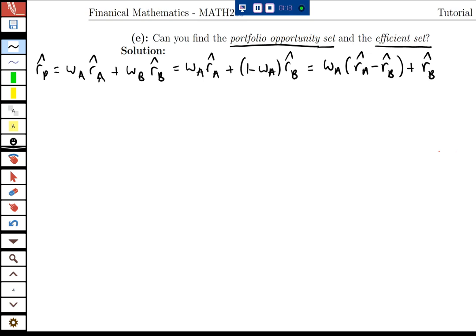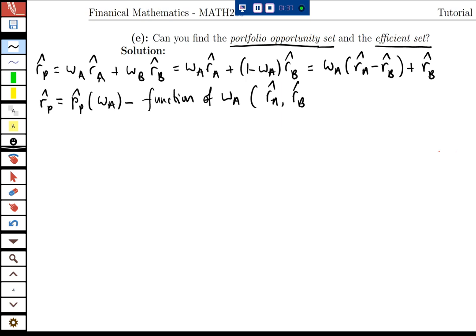Okay, so the expected return on the portfolio, we can think about this as some function which depends only on omega A. Everything else are constants.